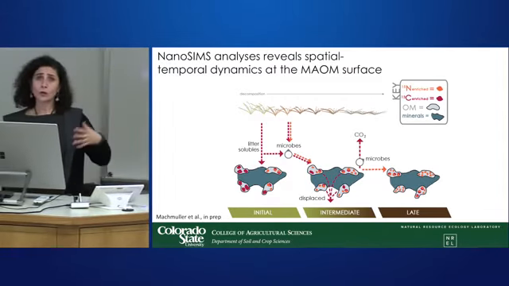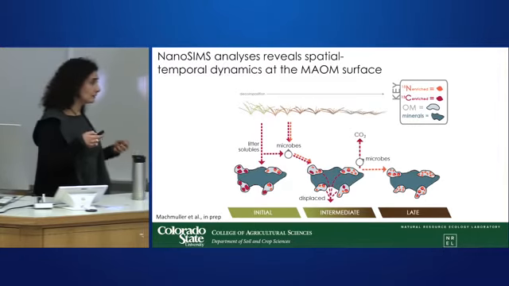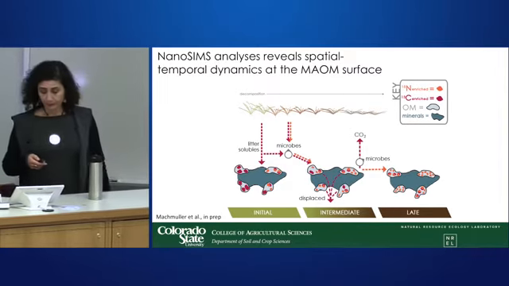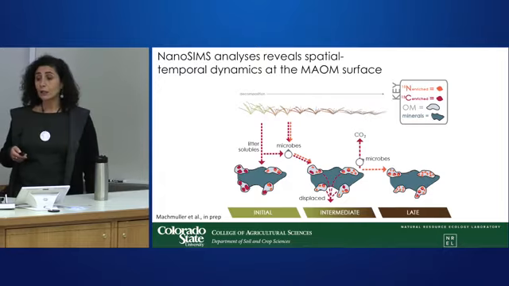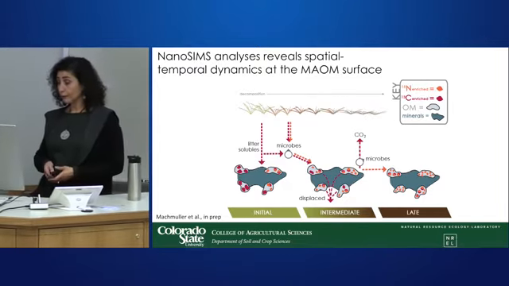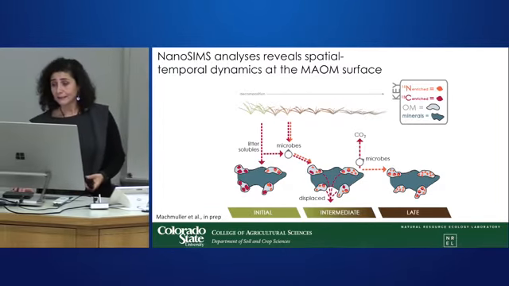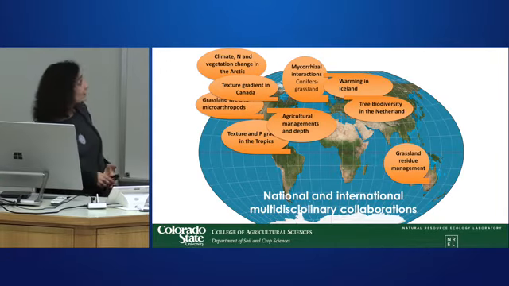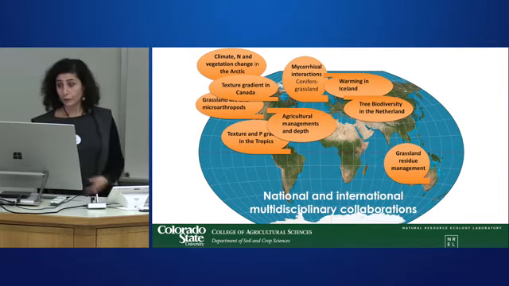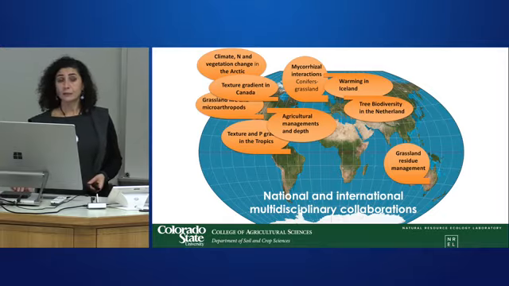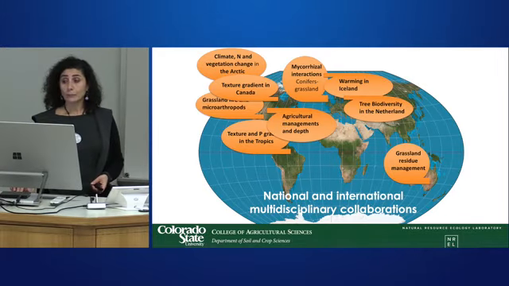So that's some of the idea that we are moving forward with more work. And what I'm excited about is that actually through national and international collaboration, we are now conducting this experiment in a lot of different places.